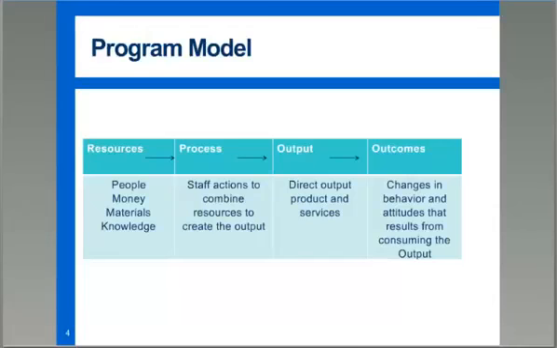Apply a process to those resources, which are the actions that your agency staff and volunteers take to combine those resources and create an output. And that output is the direct, immediate result of the activities. The cumulative effect of the series of outputs that your program involves changes the attitude, skill, knowledge, and therefore is the outcome of the program.